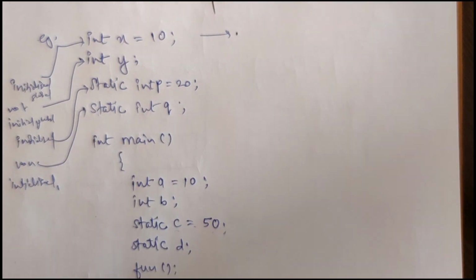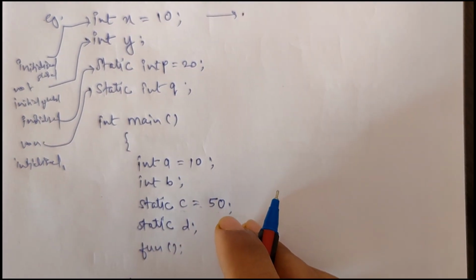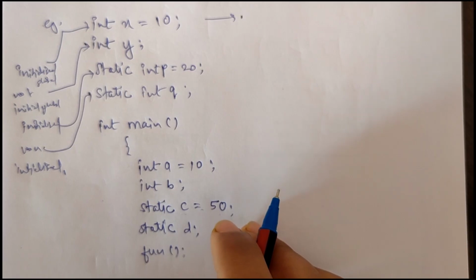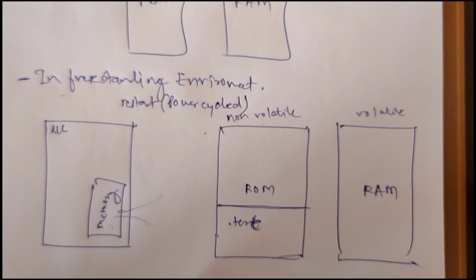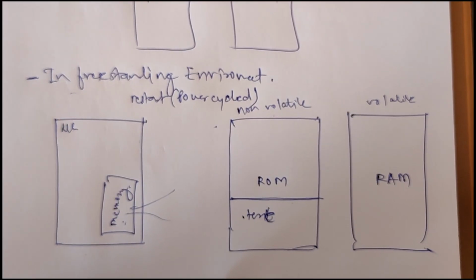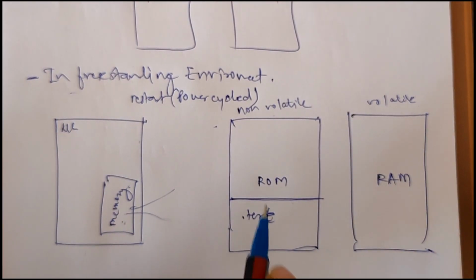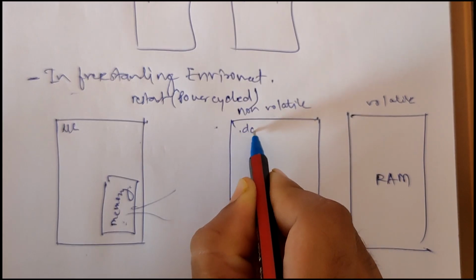This is the important part. So what we will do is put the data section in two places. Okay, in the ROM data section.